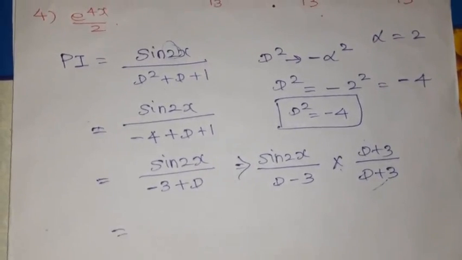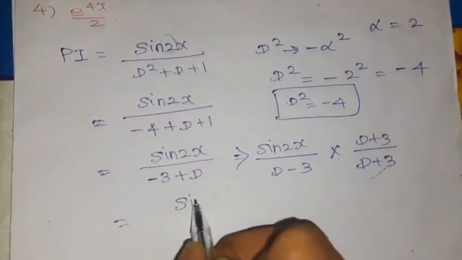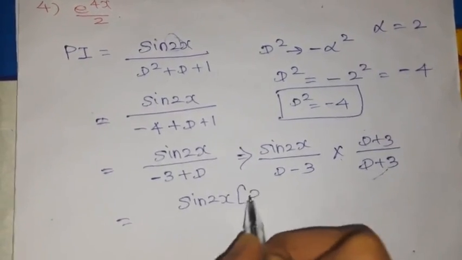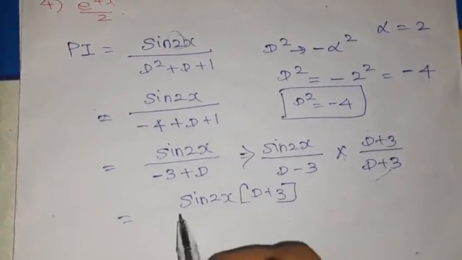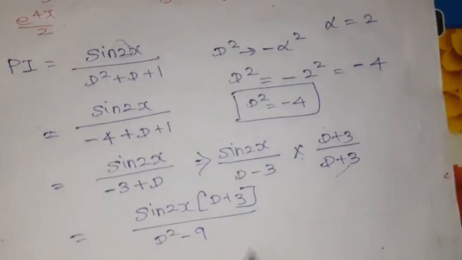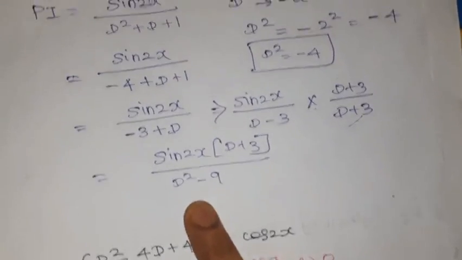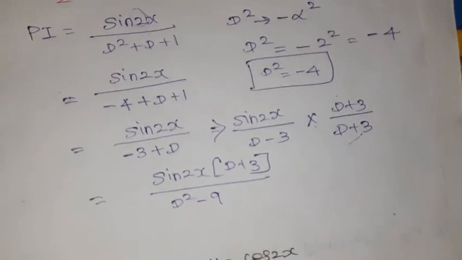So, when we multiply, what we will get? Sin 2x into d plus 3 divided by d squared minus 9, okay? Then we need to substitute d squared equal to minus alpha squared here. Alpha is nothing but 2 only.